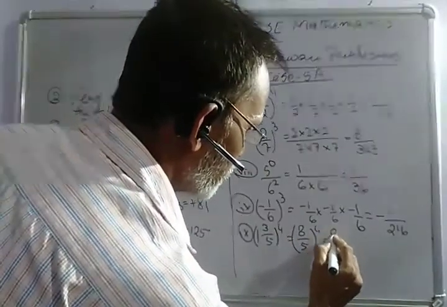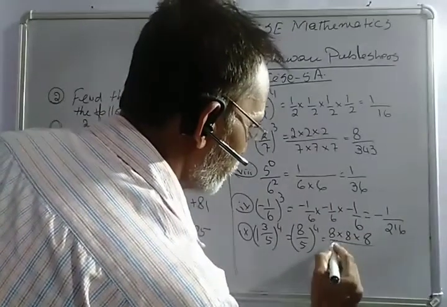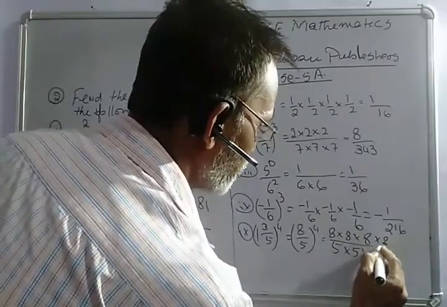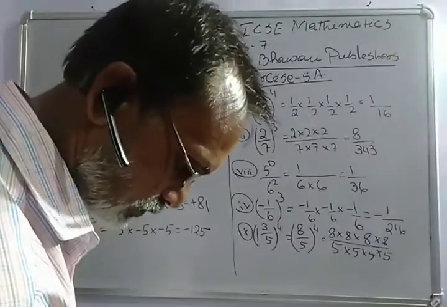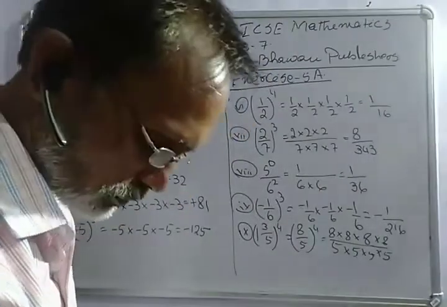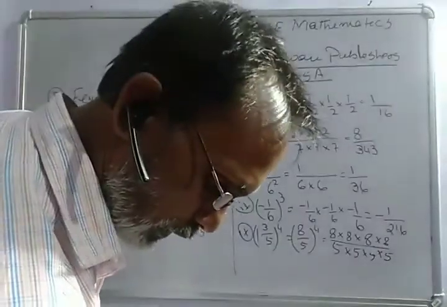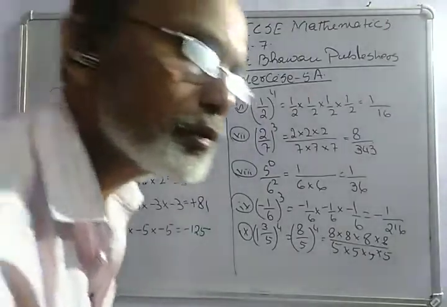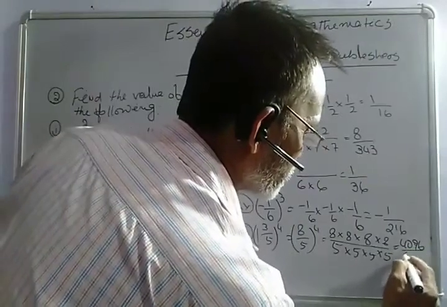So this is equal to 8 into 8 into 8 into 8 by 5 into 5 into 5 into 5. 64 into 64 is 4096. 4096 by 625.